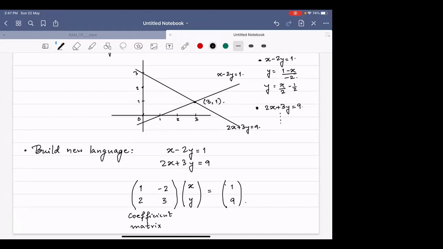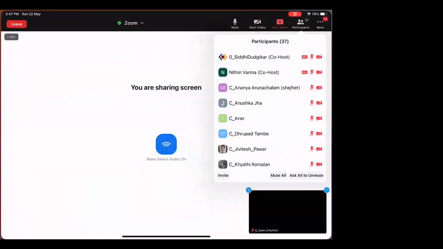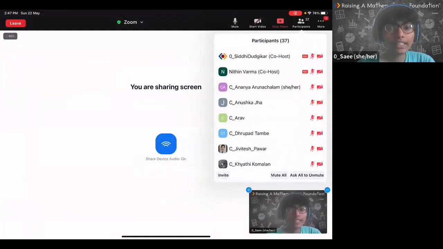Now, why can you write these equations in this form? The answer to that is matrix multiplication. You can write them like this because of matrix multiplication, again something that I don't know how many of you have seen before. Can we have a quick raised hand count? It was given in the pre-reading material, so everyone is expected to know about matrix multiplication.